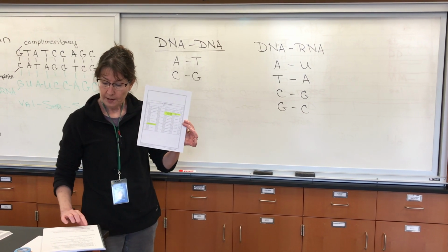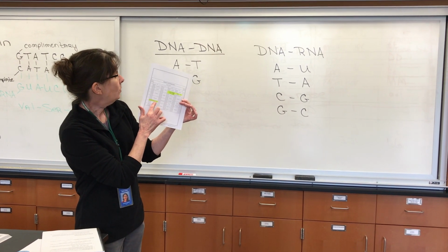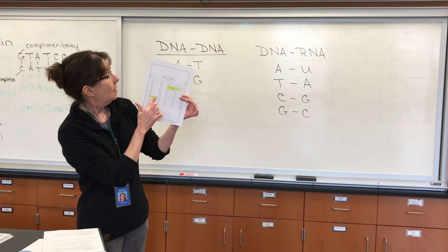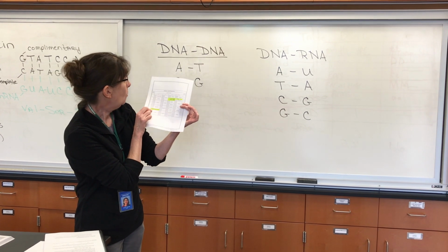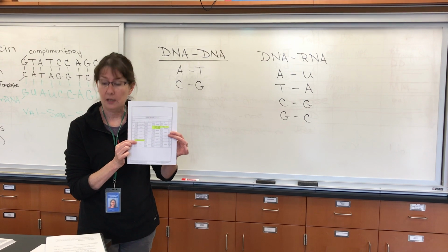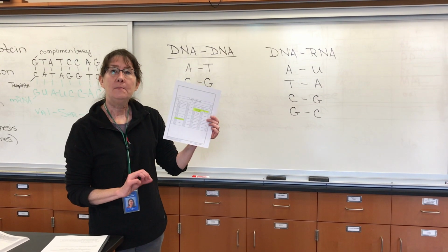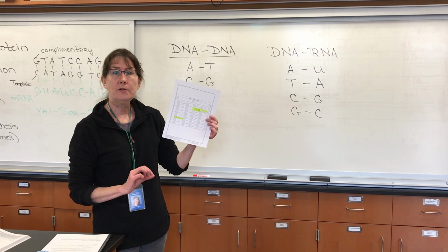I'll do the first one for you. Methionine. You find methionine, or our start amino acid, here. The only choice you have for the codon is AUG, and you would write that in your lab manual. The next amino acid in your sequence is tryptophan.